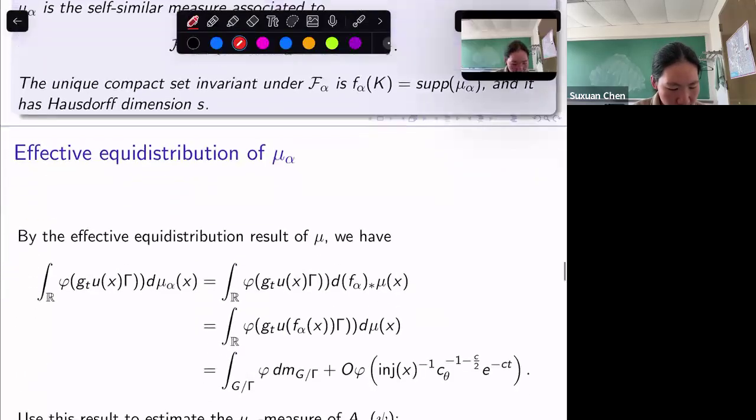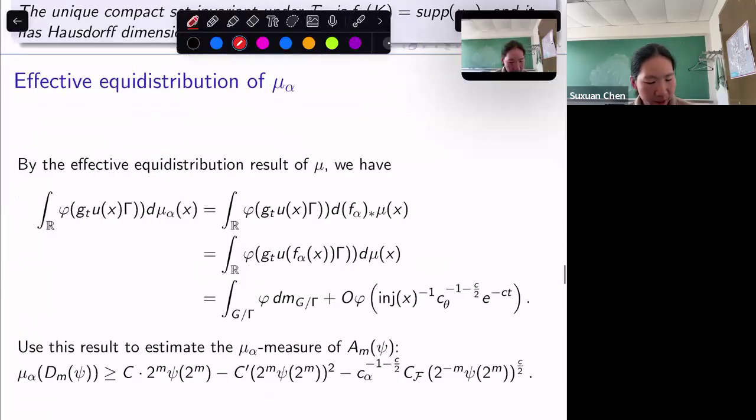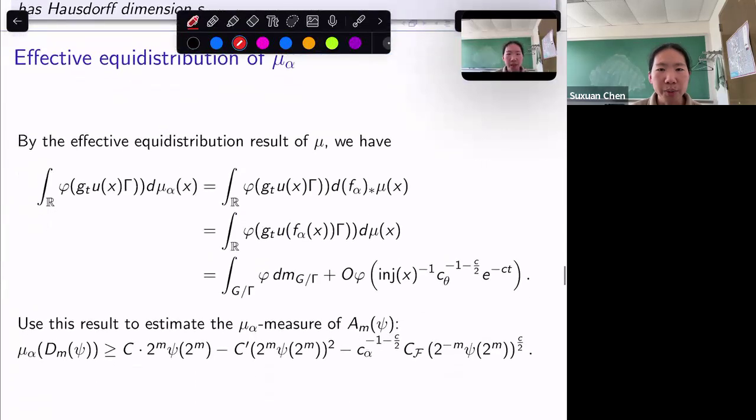And now once we have the result that mu_alpha is also a self-similar measure, we can consider the effective equidistribution of mu_alpha. For this, we need to use the previous effective equidistribution result of mu. So we integrate the same thing against the new measure mu_alpha. We can rewrite mu_alpha as the push forward of mu by F_alpha.